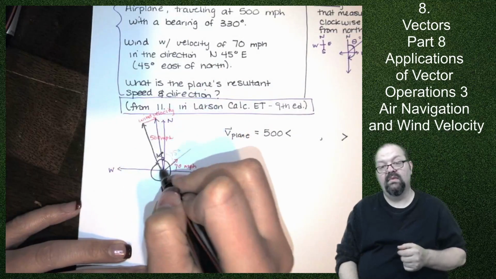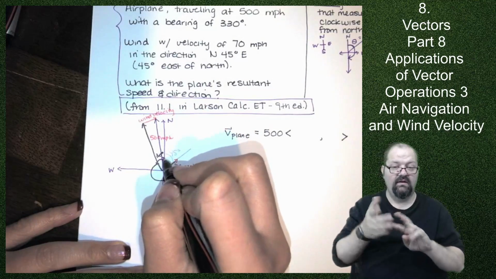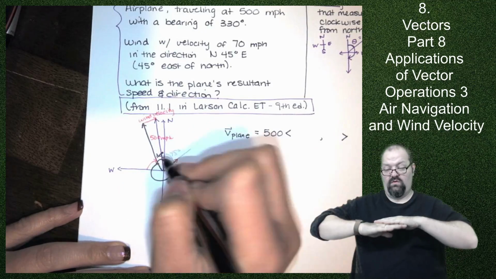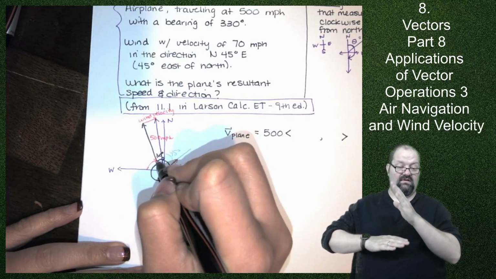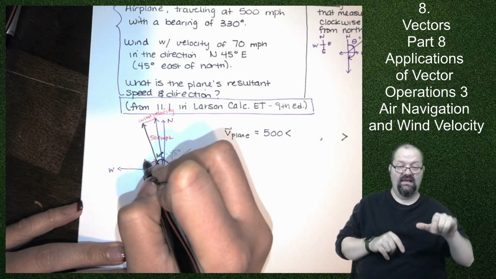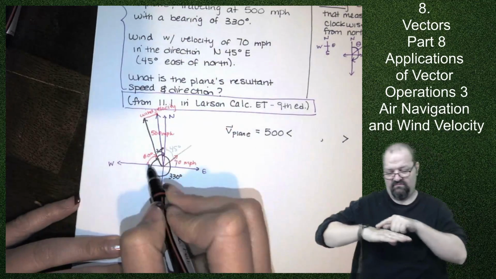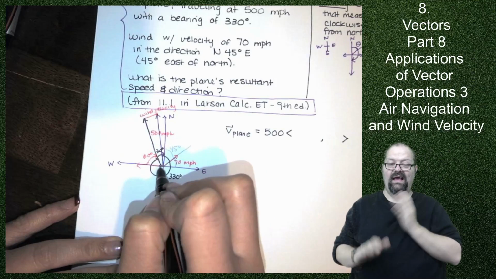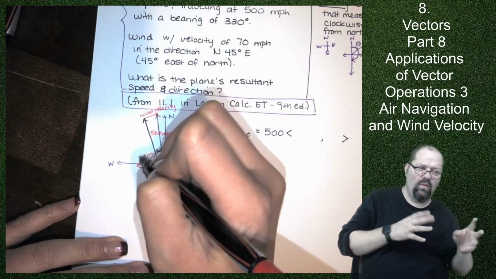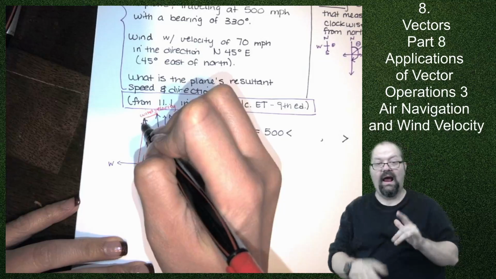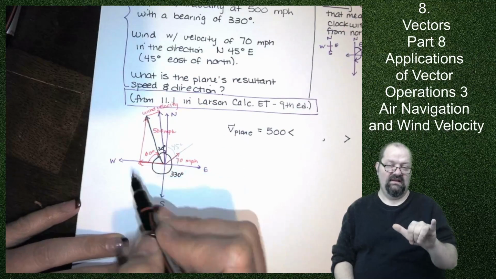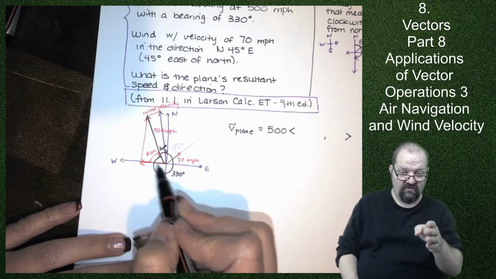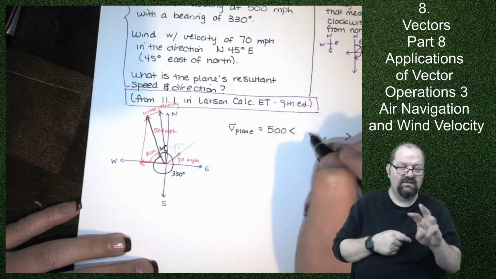If this is 30 degrees, the angle with the horizontal here, plus this has to be 90, so this is going to be 60 degrees. And it looks like our plane's velocity vector without the wind can be broken up into these two parts. One in the x direction, and that's next to the 60, so it's cosine of 60.